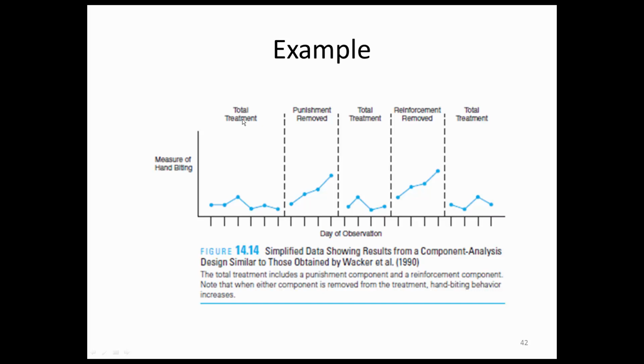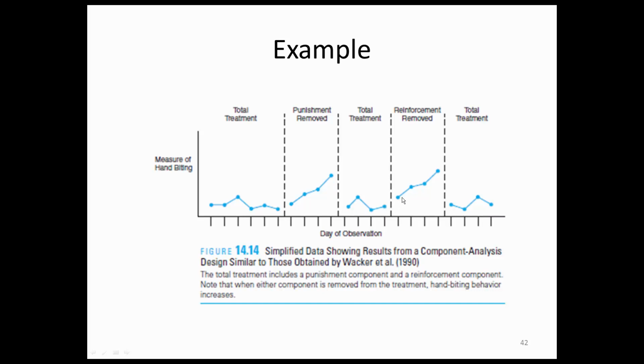Your total treatment includes punishment and reinforcement, and you see the behavior or the performance or the score is down. Then you remove your punishment and you only have reinforcement in this phase, and you see the score goes up. And then you go back to your total treatment and you see the score goes down.